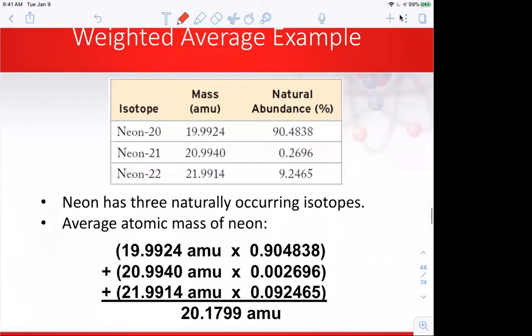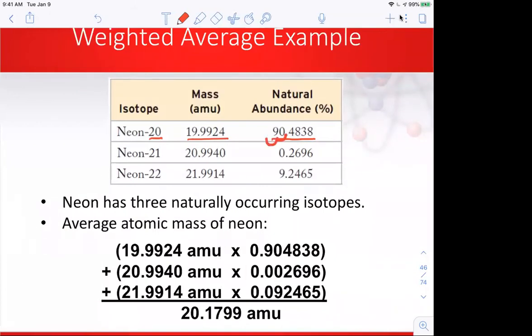Here's an example using neon. Neon 20 has an atomic mass of 19.9924, and it has a natural abundance of 90.4838%. I'm going to make that a decimal.